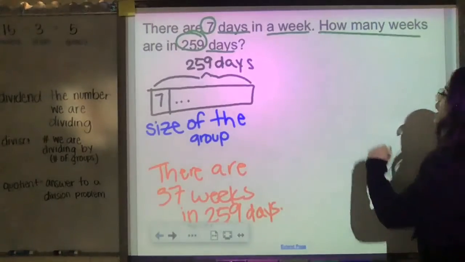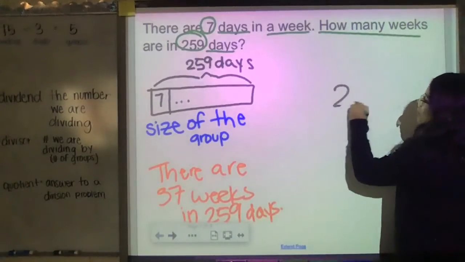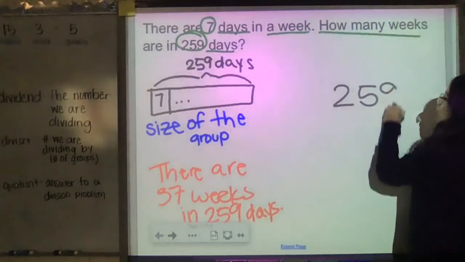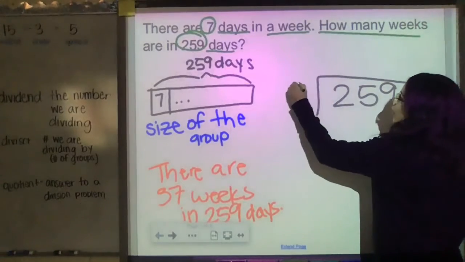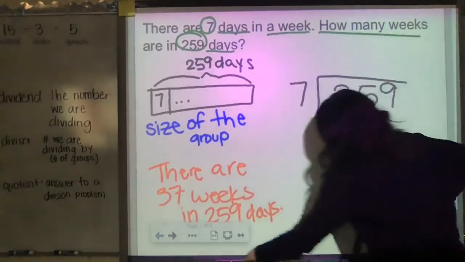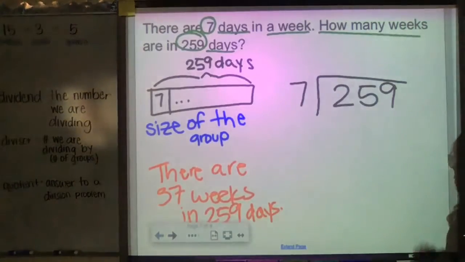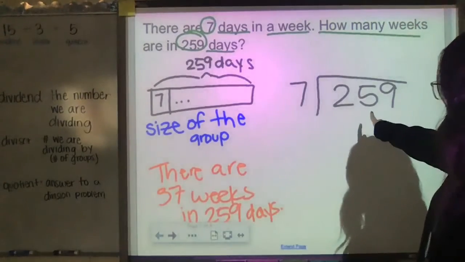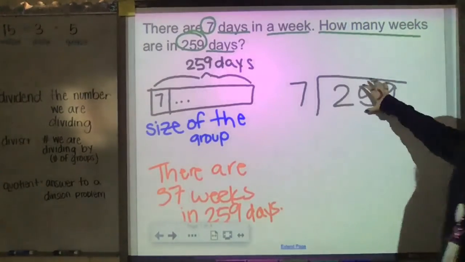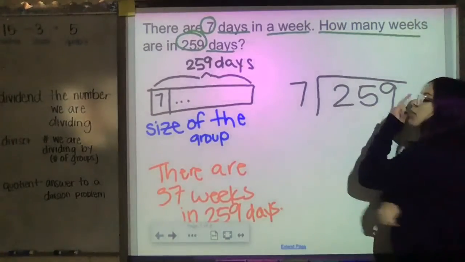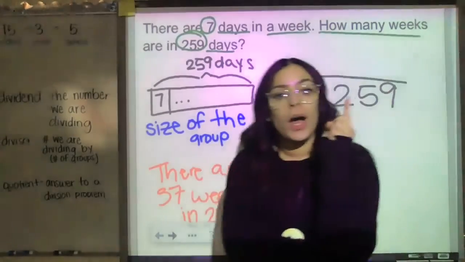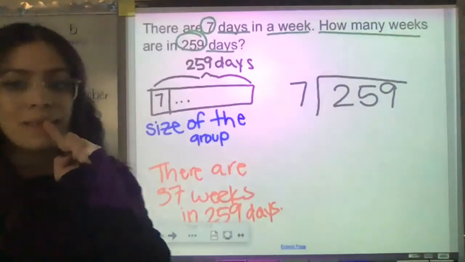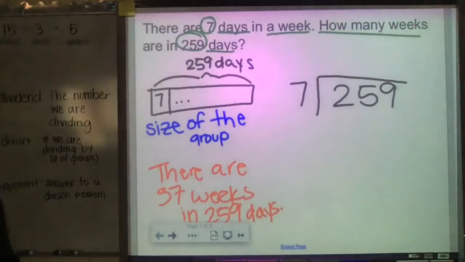I'm going to go ahead now and demonstrate this problem with the standard algorithm for those of you that prefer that method. So remember, when we are using the standard algorithm, we look at it as place values. So I think to myself, can I take 200s and divide them into 7 groups? Can I do 200s divided by 7?